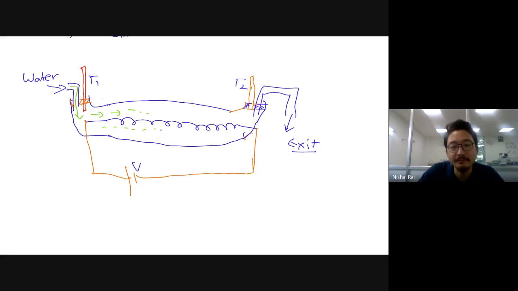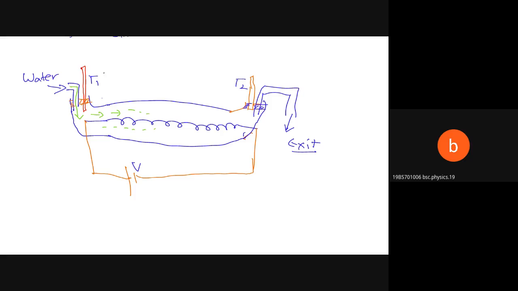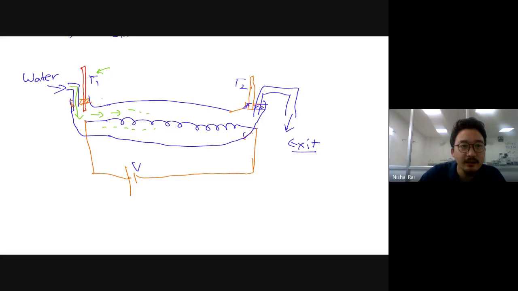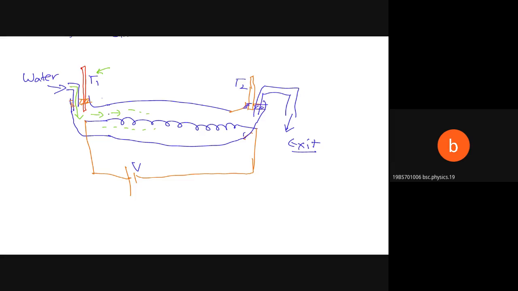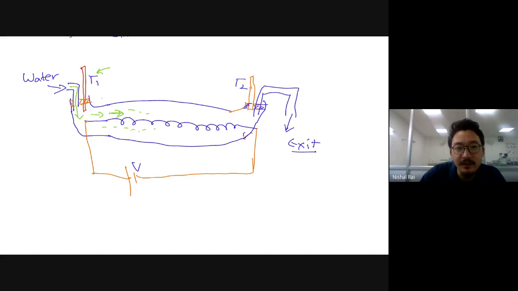Will this inductor heat it? So this temperature will be the initial temperature of the water. It measures the temperature of the water which is flowing in. Then the water takes some heat and starts heating, and then it flows out from here, and this measures the temperature of the outgoing water.